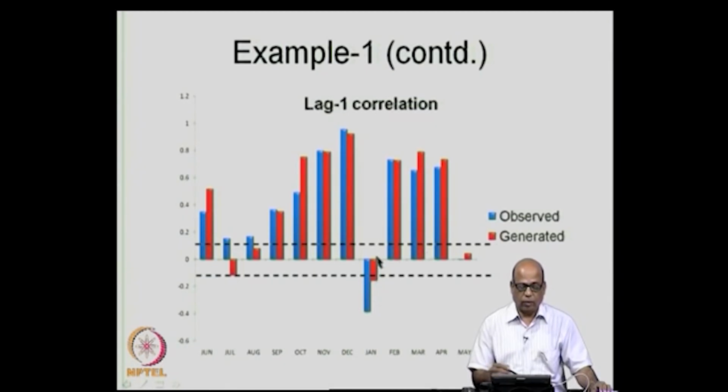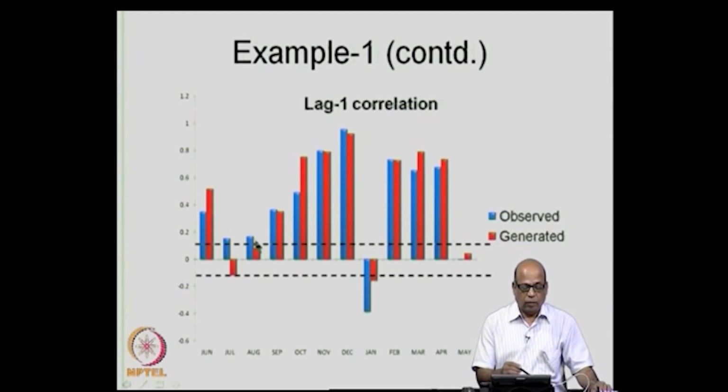Specifically, for example, here you had a lag 1 correlation of about minus 0.2, whereas the generated one has reached almost minus 0.4. If this repeats many times within a 12-month period, then you should be concerned.